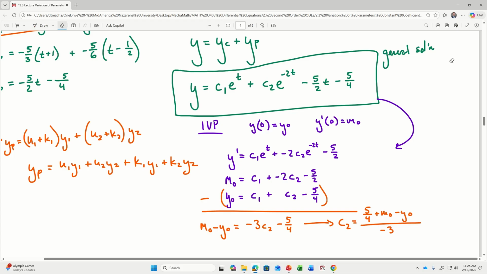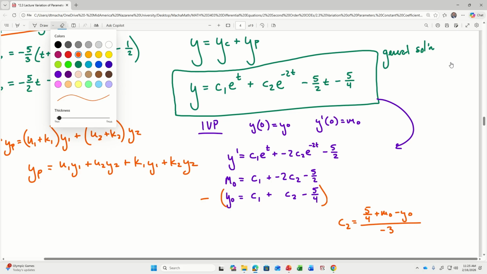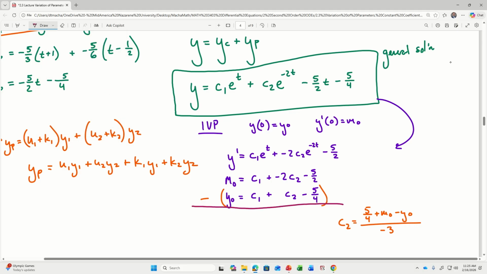And if I want to solve for c1, I could add the first equation plus 2 times the second equation. And I would get m0 plus 2y0 equals 3c1.